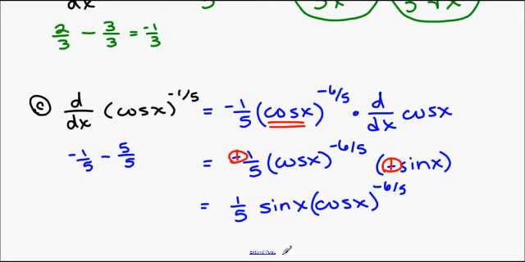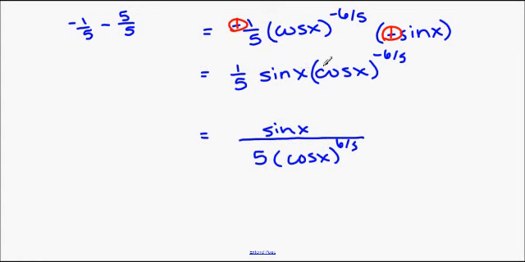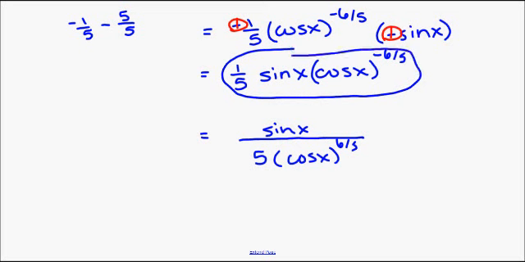If you want to rewrite this so that cosine has a positive exponent, that's fine. Do your thing. I'm just going to leave it like this.